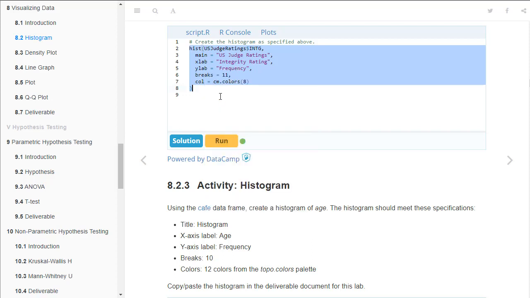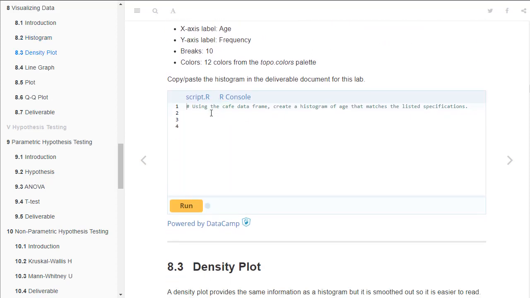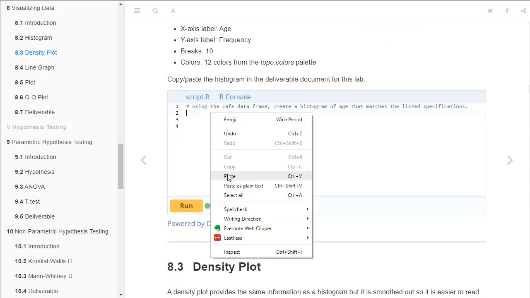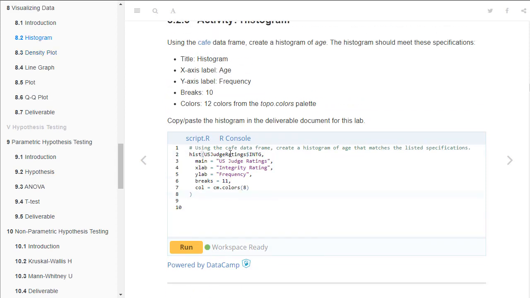I'm going to copy this because next we're going to submit our deliverable. For this, we're going to go with the cafe data and the age vector in there. The title is going to be Histogram. The x-axis will be labeled Age.